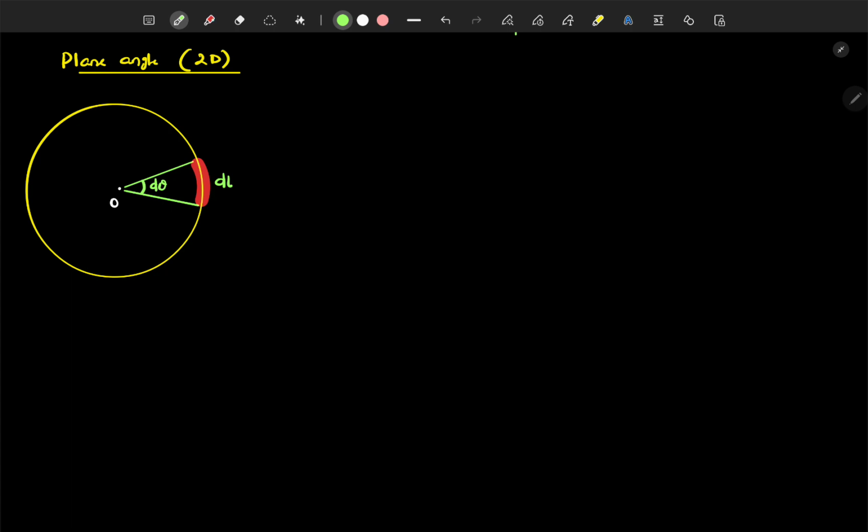So remember, if this is your rod, its length is suppose L. If out of the total length we consider a small length, then it will be dl. Like this, you have to think about dl, d theta. And what is the radius? Radius is r. So as per the formula, we all know angle is equal to arc by radius.